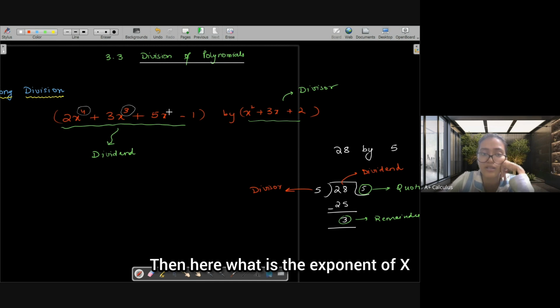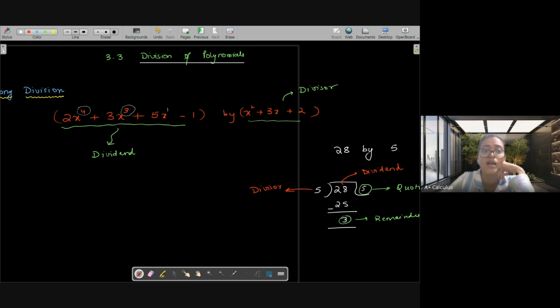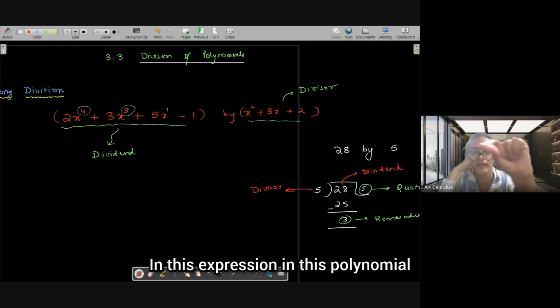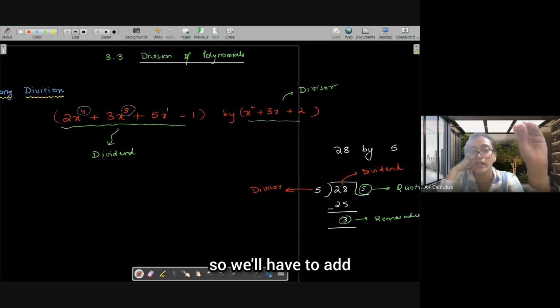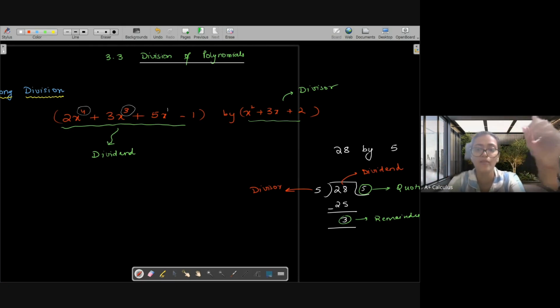Then here, what is the exponent of x? 1. Now, x raised to 2 is missing in this polynomial. If any exponent is missing, we'll have to add a term.